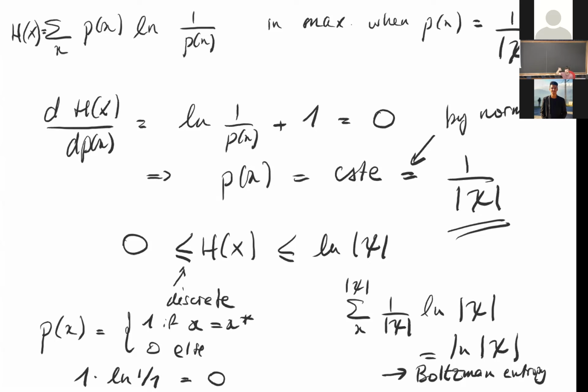It has the same monotonicity as log of 1 over p. Or instead of the log, take any increasing function of 1 over p. And what we said seems to generalize. But actually, there are very natural properties of information that would not be verified anymore if you take other functions.